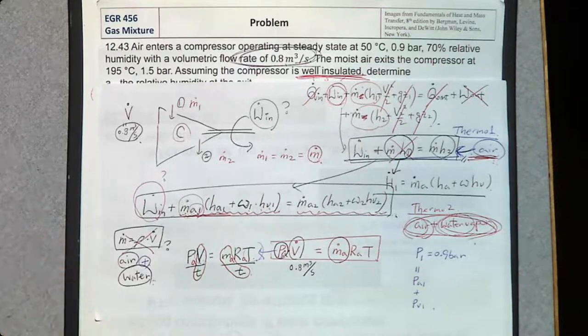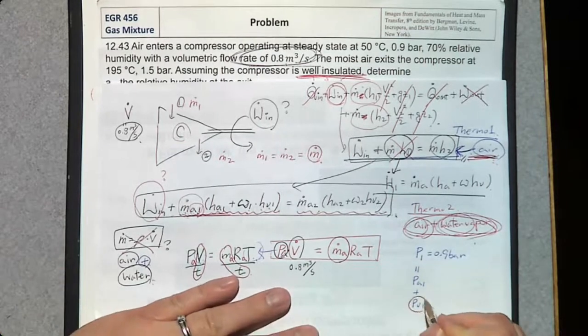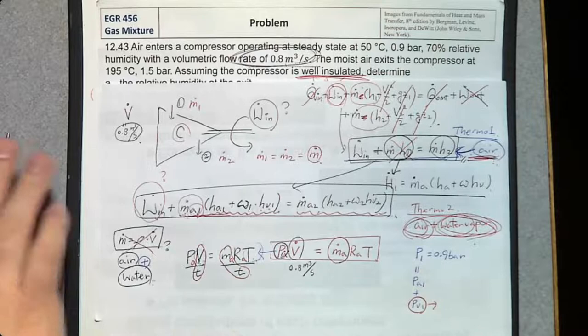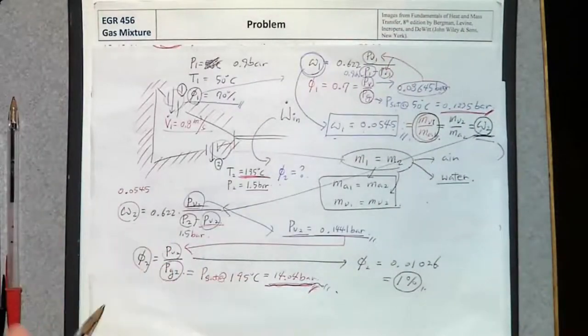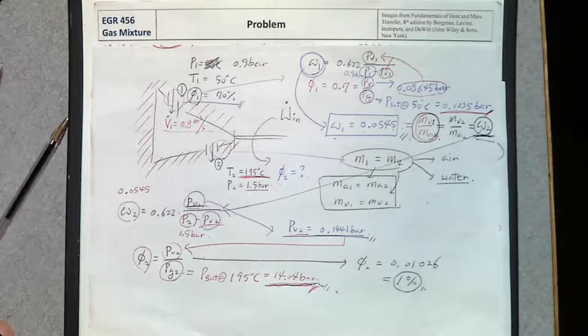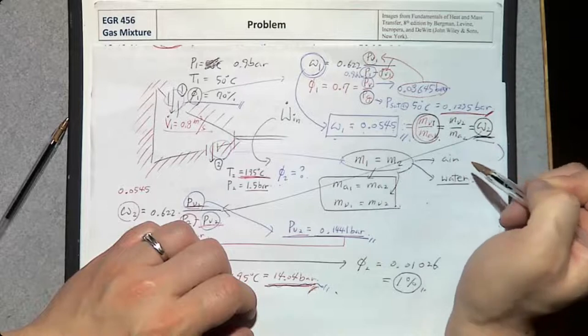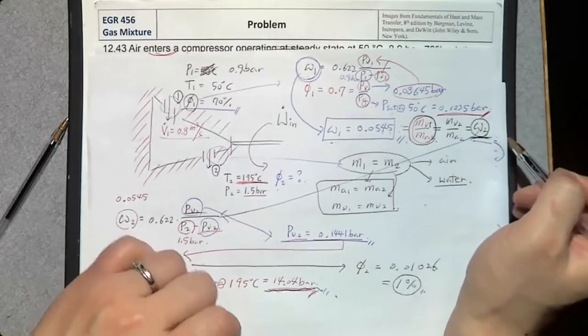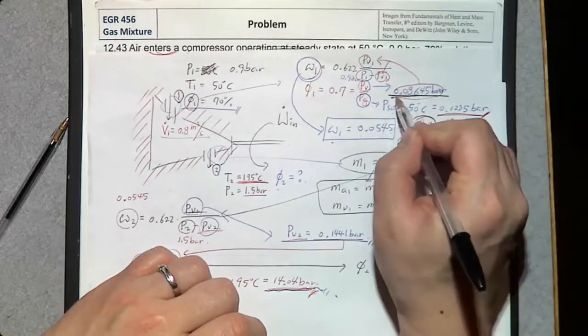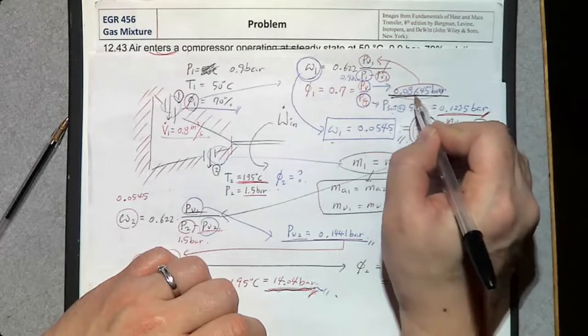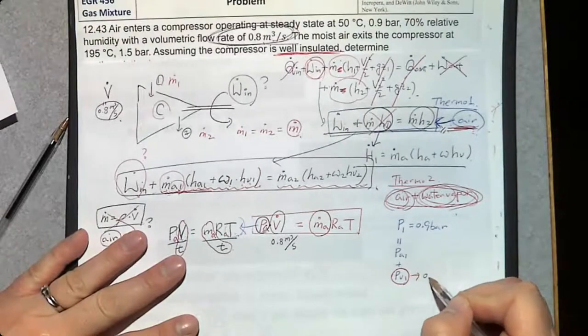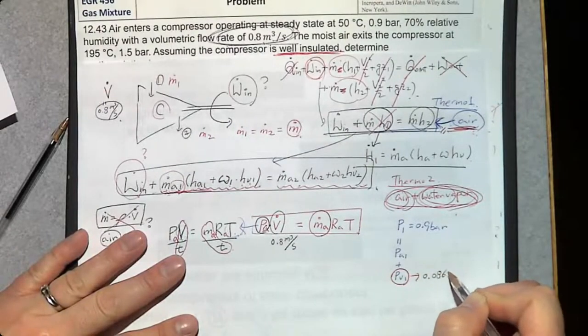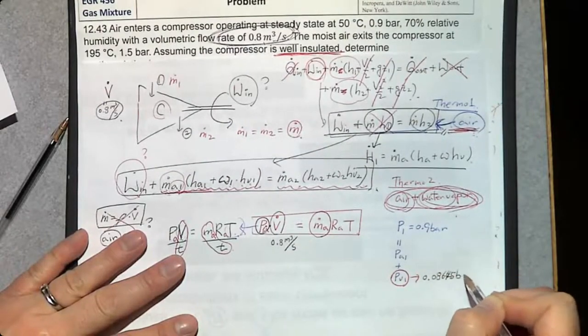By the way, we already calculated PV1 in the previous example, part A, which is 0.08645 bar.